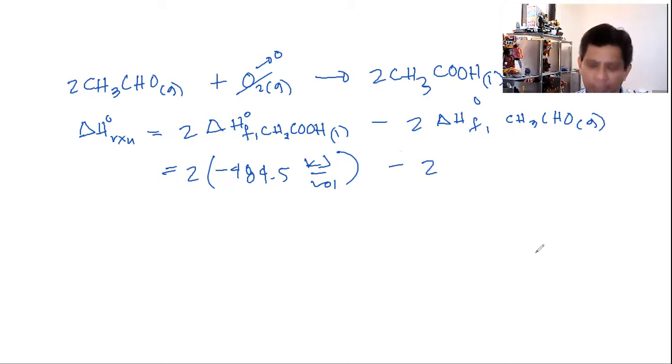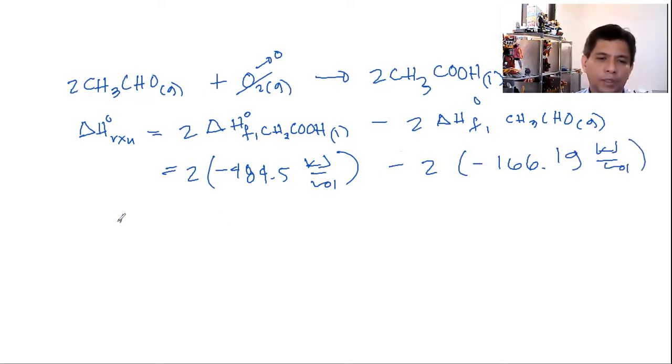Yung sa ethanol ay formation is negative 166.19. So ganun din, kilojoules per mole. So yun. So the standard delta H of this reaction, pag sinabi standard, 25 degrees Celsius yan, ano? 298 Kelvin. Is equal to negative 636.62. So this is in kilojoules per mole.